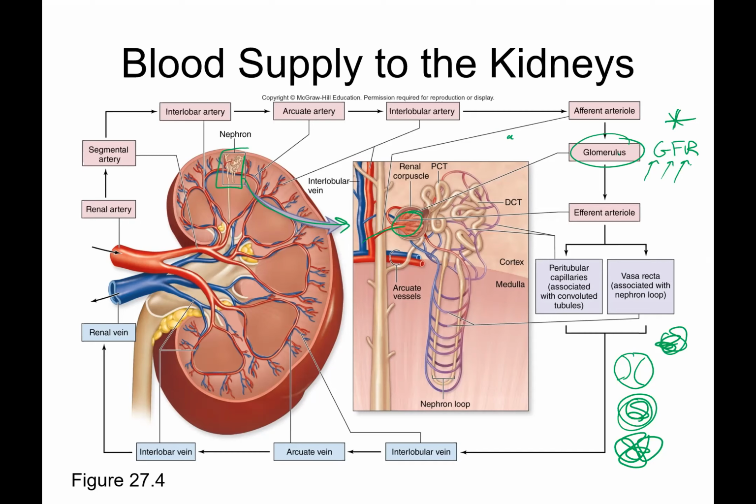As fluid gets through the glomerulus, which is right there, the next thing it's going to come to is the PCT. And that stands for proximal convoluted tubule.